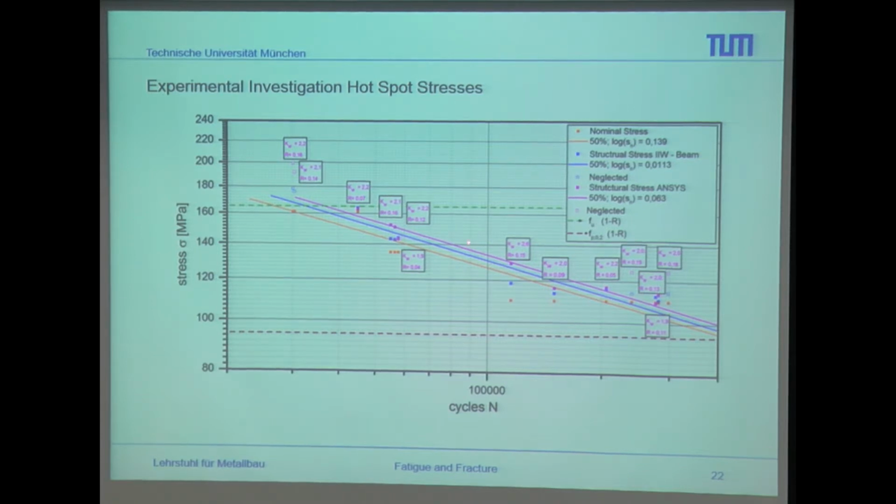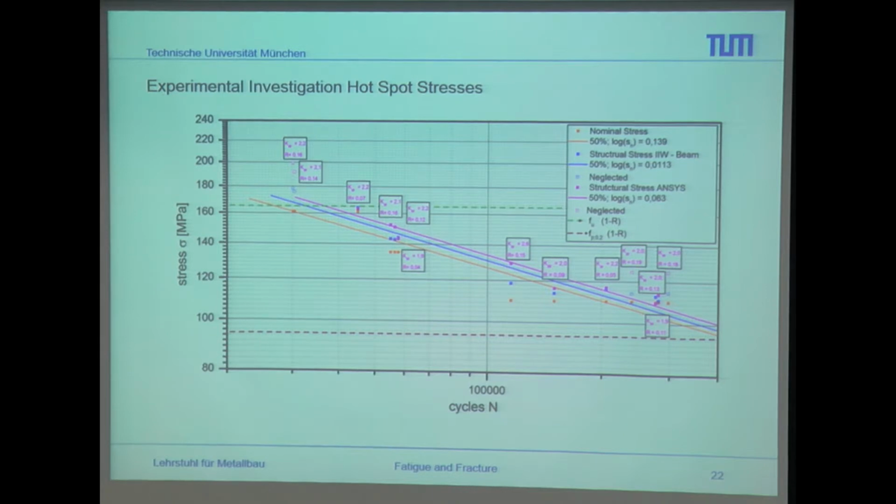So as you can see here, it's just the increase you get for a simple butt welded joint, and the misalignments we had there were around 0.5 millimeters to 0.8 millimeters.